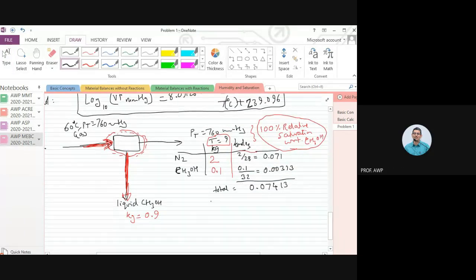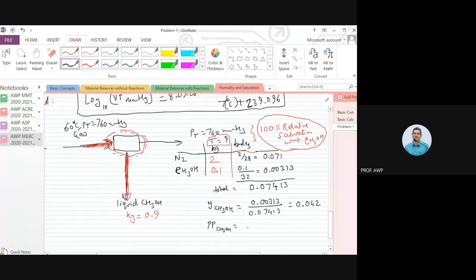What is the mole fraction of methanol? Mole fraction of methanol would be 0.00313 divided by 0.07413, which is 0.042. Now what is the partial pressure of methanol?